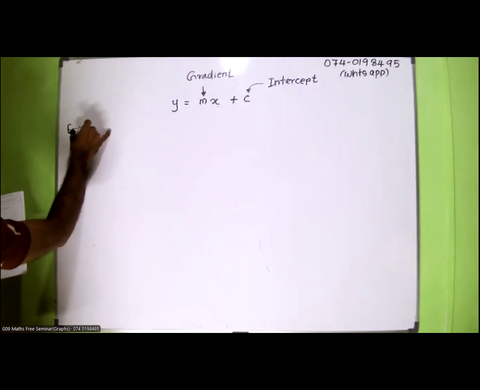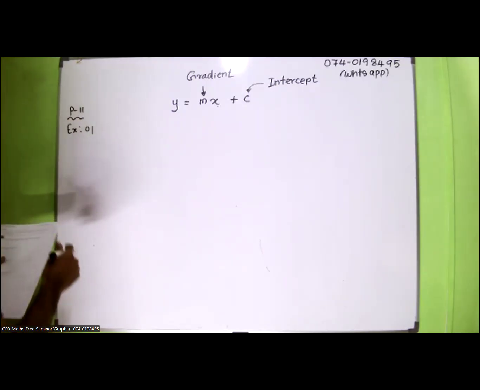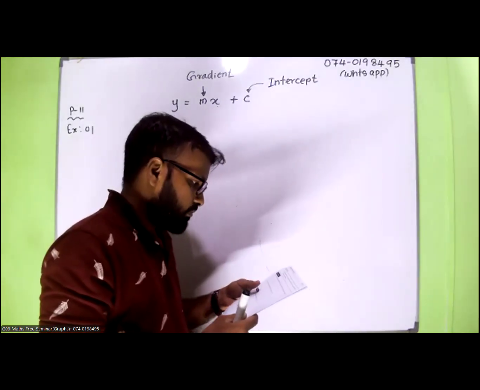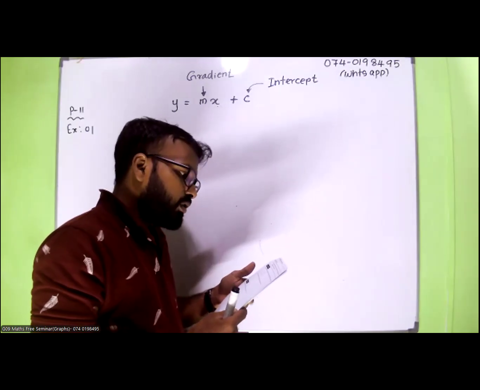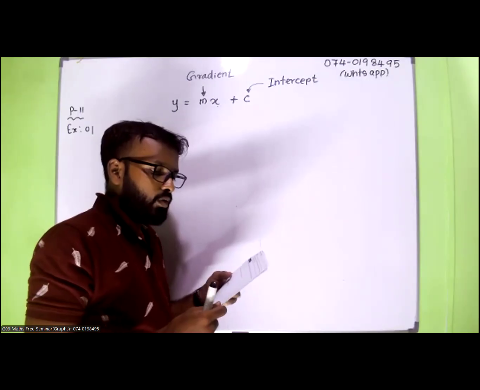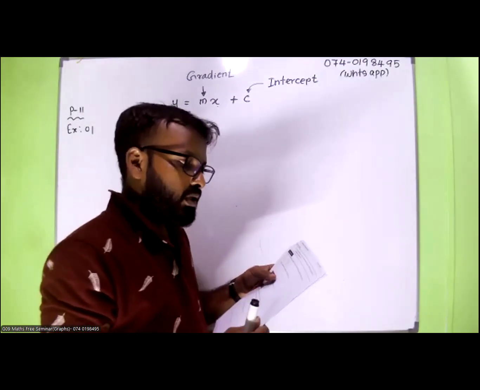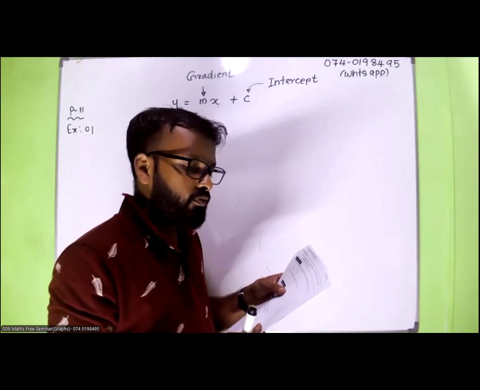Example number 1, page 11. Draw the following graphs on the same Cartesian plane using a suitable value range for x.